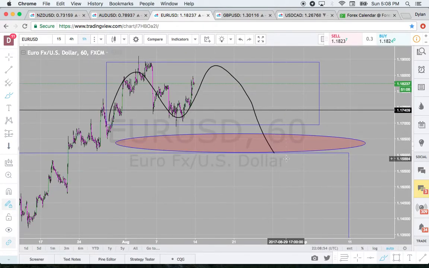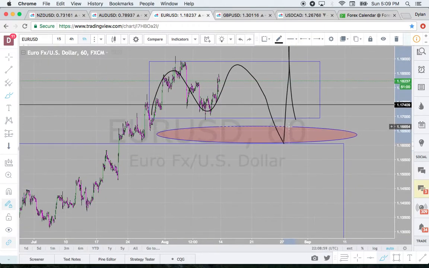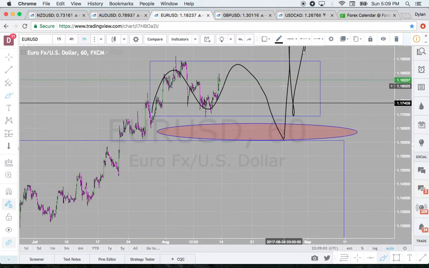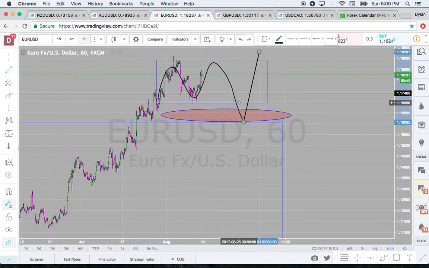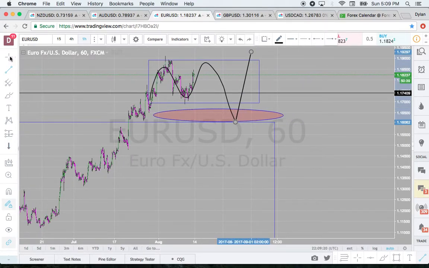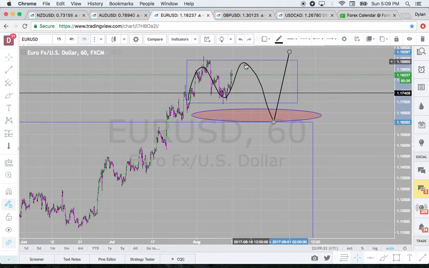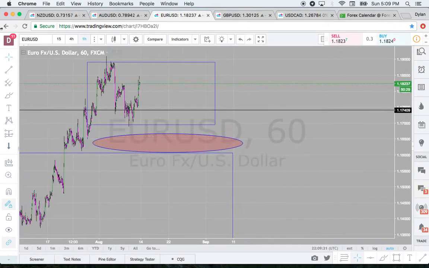Then what we know to be the whipsaw coming up and taking them out, and then continuing upwards. So we could definitely see something like that as well, just that continuation of that bullish trend. It's not looking very good for the US dollar, but we'll just have to see.